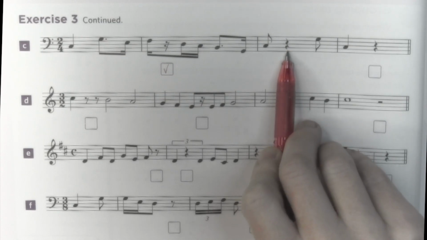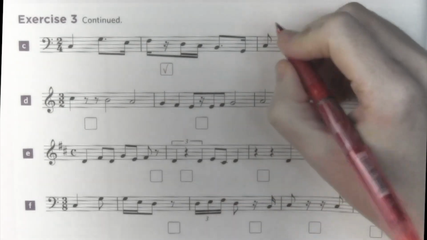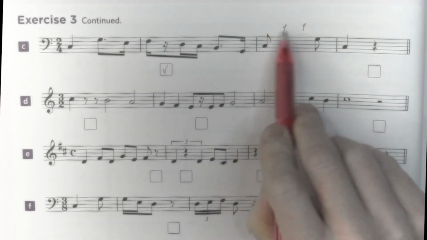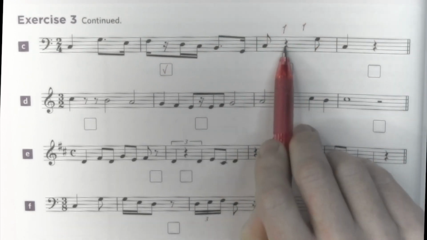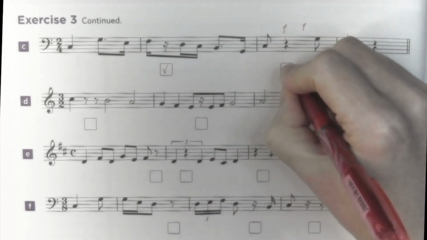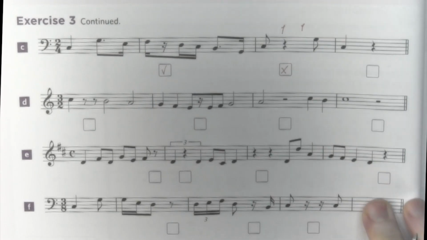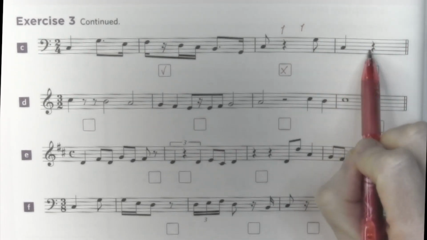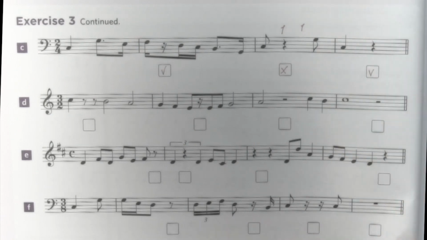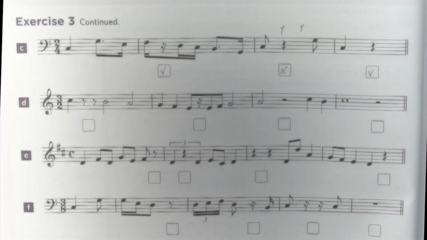However, we can't do it with rests. With rests, we need to have the 2 movements, 1 and 2. If this were a note, that's okay, but with rests, we can't. So this is incorrect. And this is fully correct because we see 2 movements, 2 crotchets, perfect. Here we are.